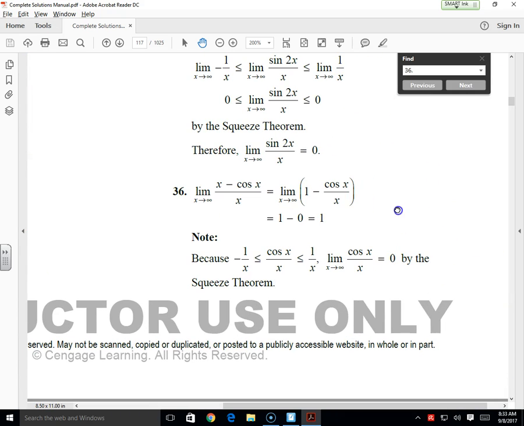Don't worry about the note. They're trying to explain another way of thinking about it. The final answer is 1. Quick question on this one: who is stronger as a graph, as far as the y values as you go to positive infinity without bound? x or cosine? Who's stronger? x. Its values are higher.